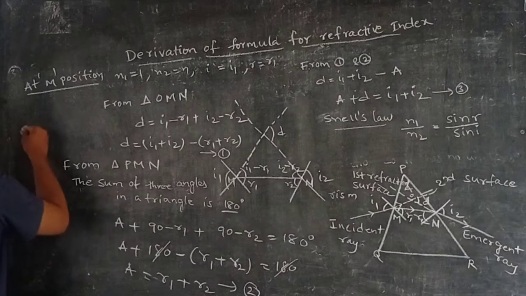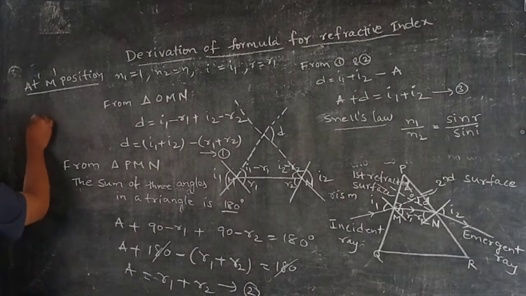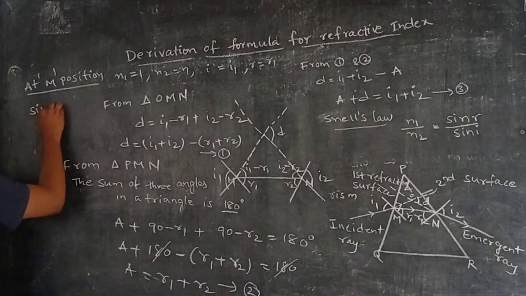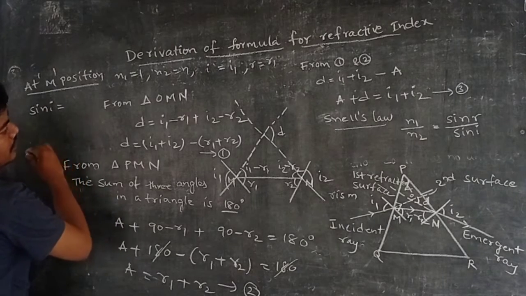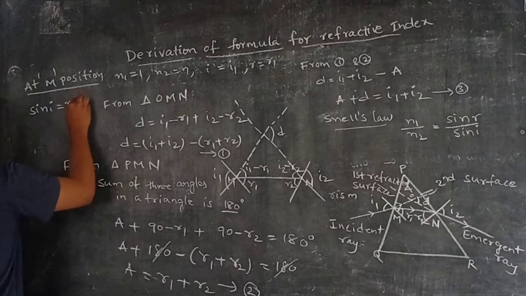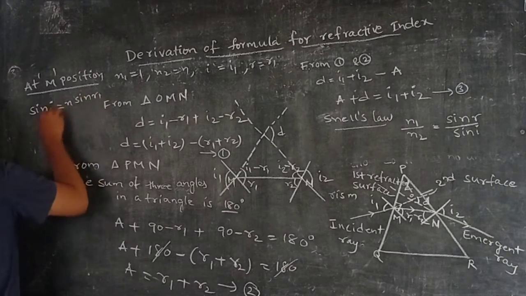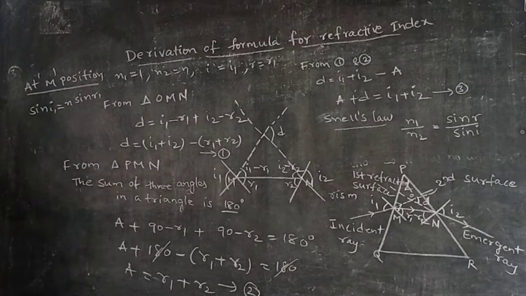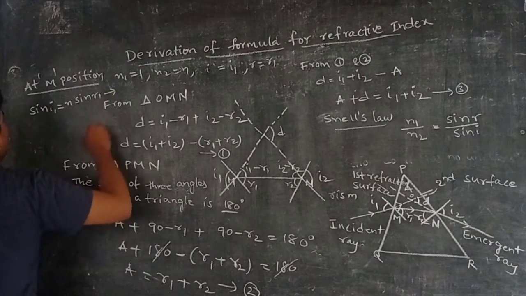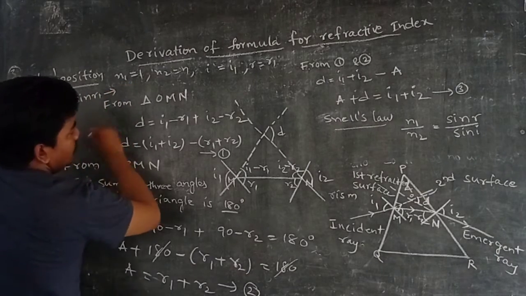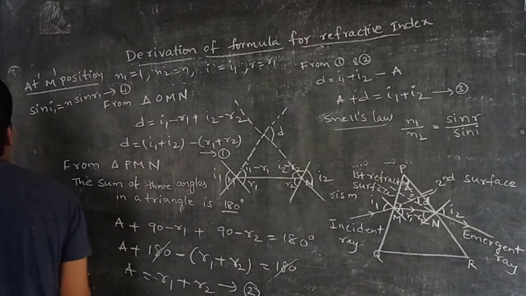That equation we got: sin I is equal to n2 sin R, which means sin I1 is equal to n sin R1. This is equation number 4.